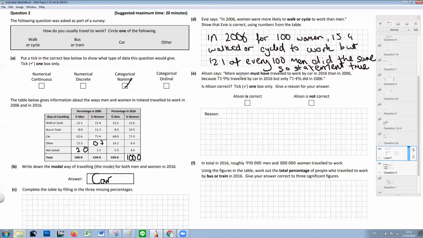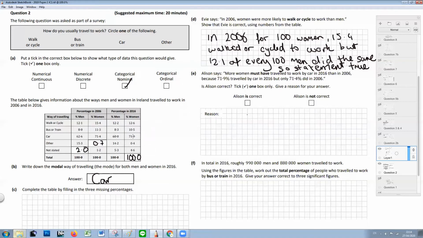Alison says more women must have travelled to work by car in 2016 than in 2006. Here we have 71.9 and 71.4, because 71.9 travelled by car in 2016, but only 71.4 did in 2006. Is Alison correct? Tick one box only, give a reason for your answer.